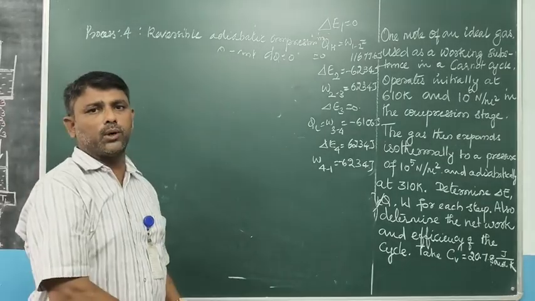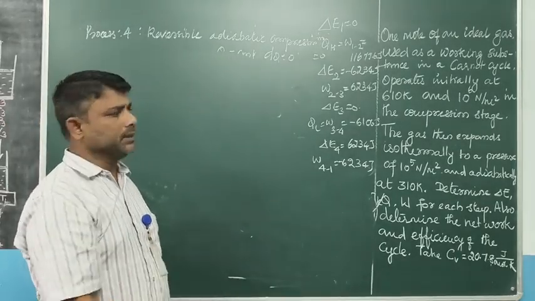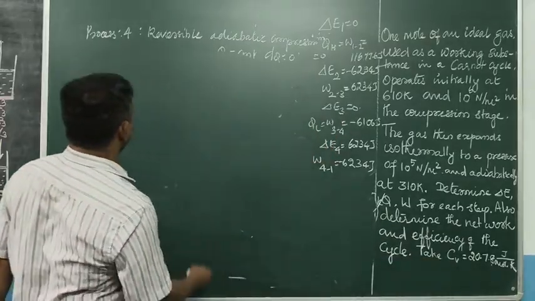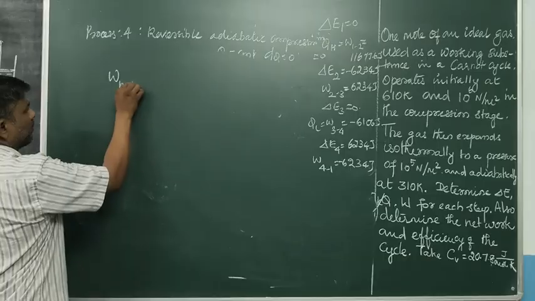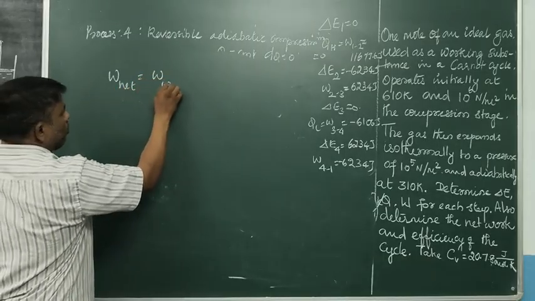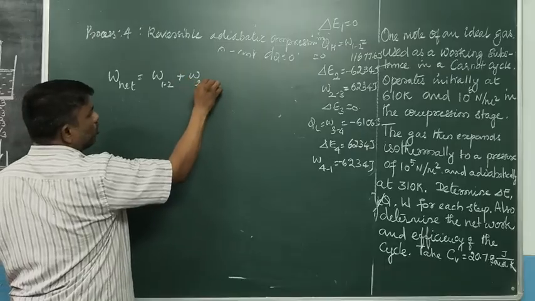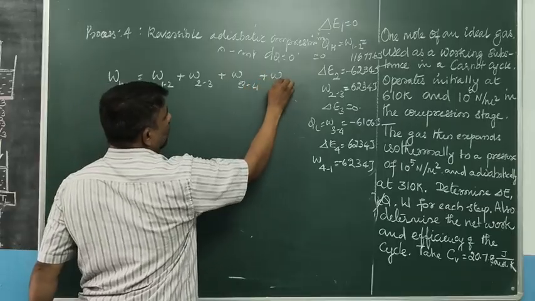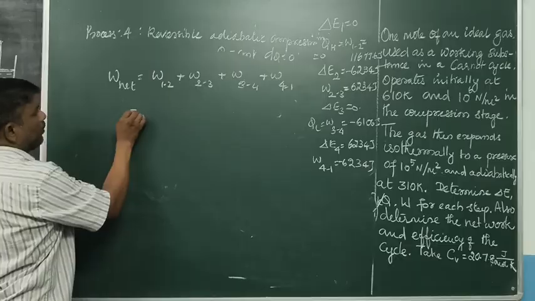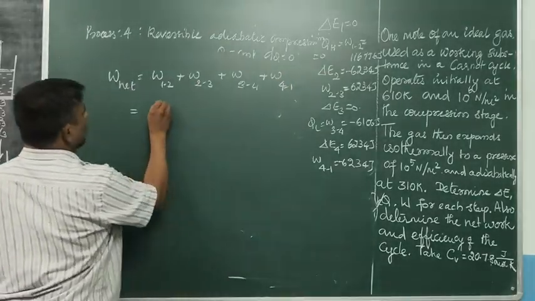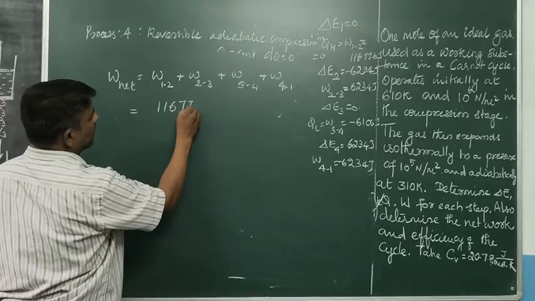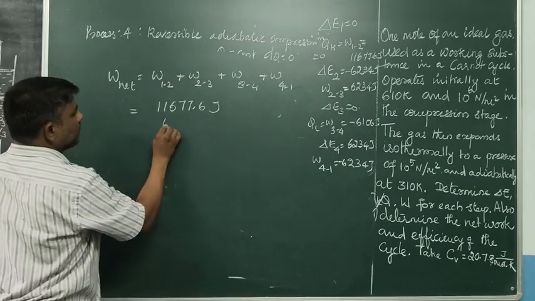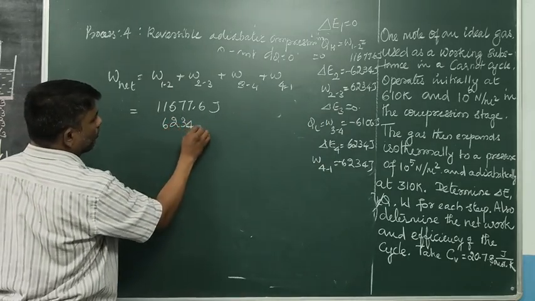Del E, Q and W in each step was established. Next is determine the net work. Net work W net is equal to W122 plus W223 plus W324 plus W421. So W122 is equal to 11,677.6 joules. W223 is equal to 6,234.0 joules.